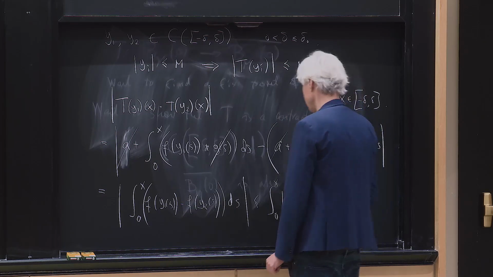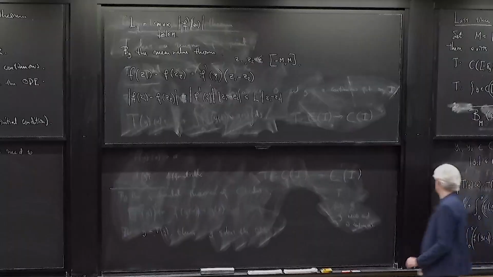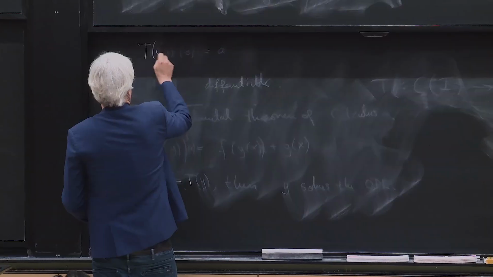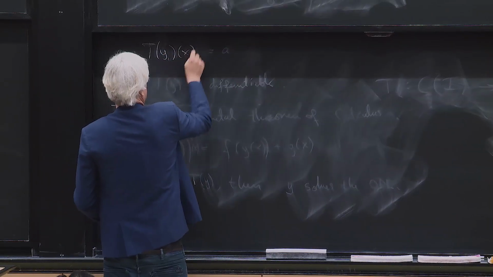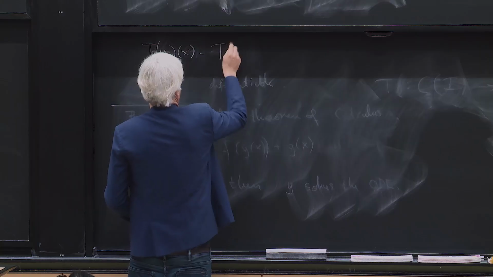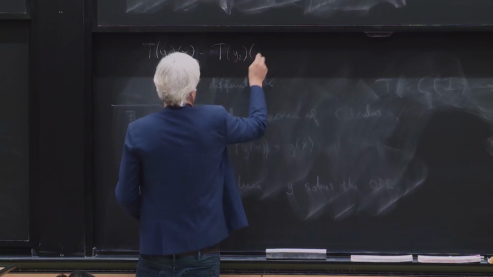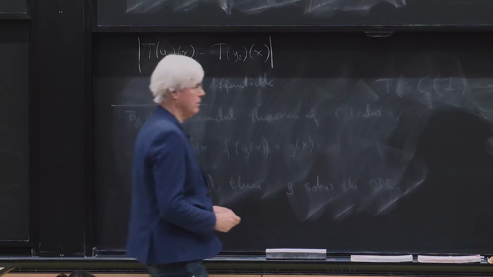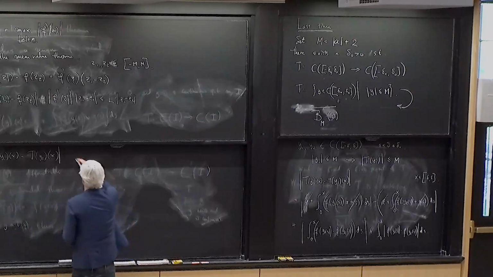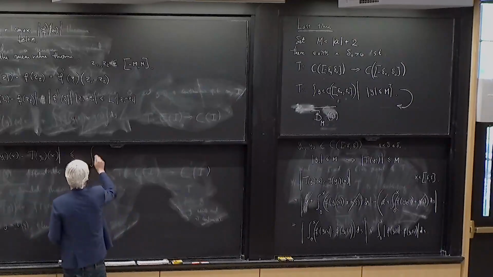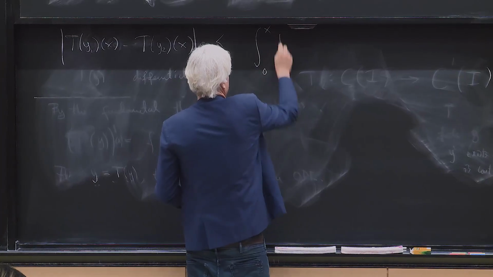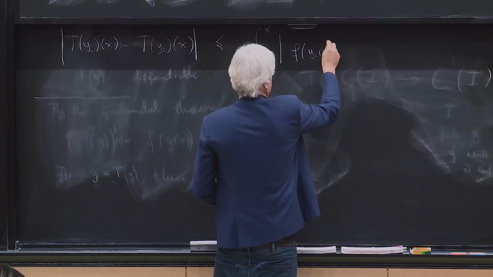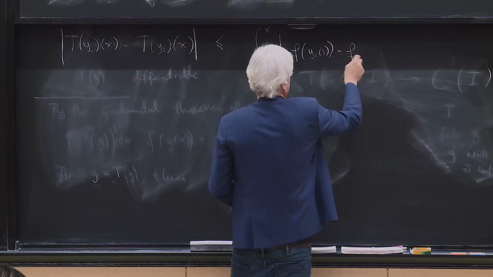And now I can continue this string. What I'm interested in is T of y1 at x minus T of y2 of x, and I'm interested in the bound for the absolute value. And I have that this is less or equal to the integral from 0 to x of f of y1 s minus f of y2 s ds.